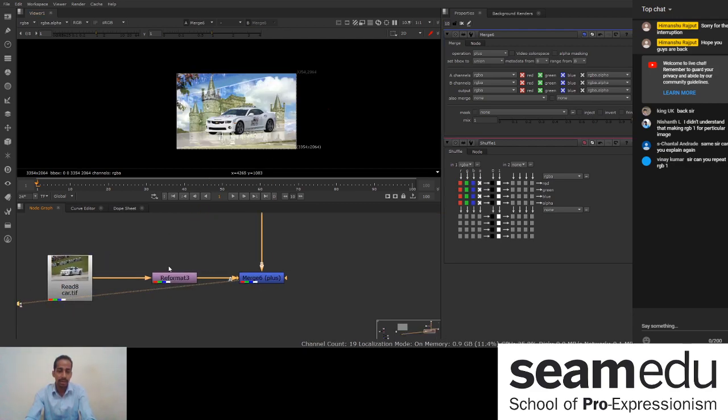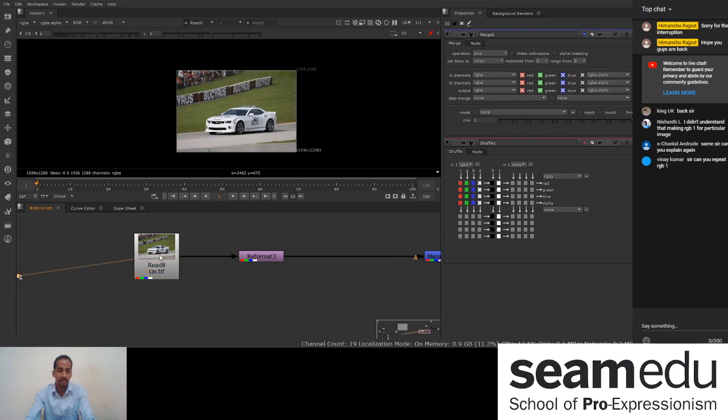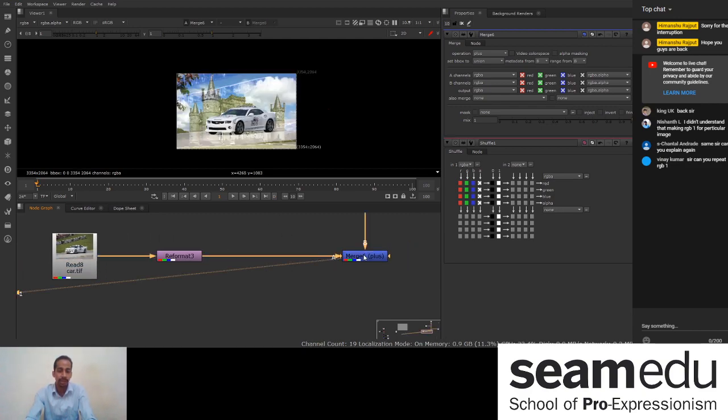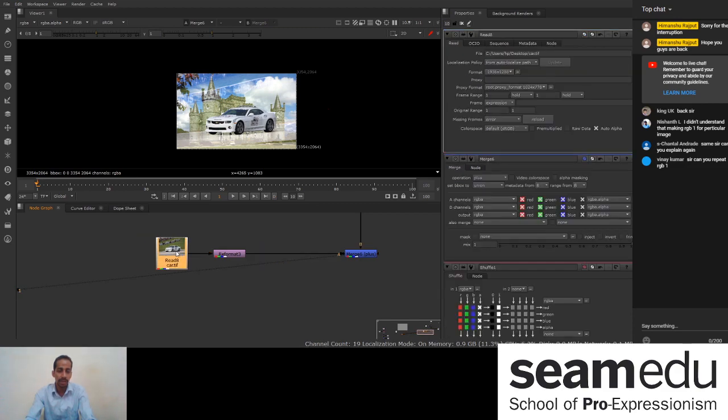The reason behind this is that the output is not yet pre-multiplied. The RGB is separate and alpha is separate. We have to pre-multiply to use a plus operation. How will we pre-multiply this image? We can do two things here. One, we can double click and you can see the pre-multiply operation, which is not recommended, but you can use this one.